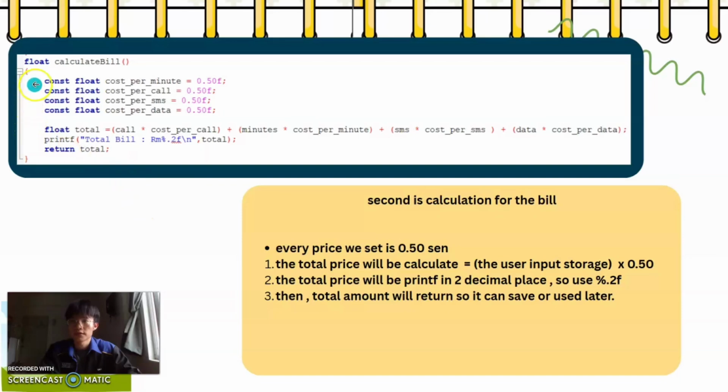After the void input usage, now it's float calculate bills. This has 4 floats, where we set the price for minute, call, SMS, and data, which is set to 0.50, and f, we also use floating. So why do we need to use the constant?